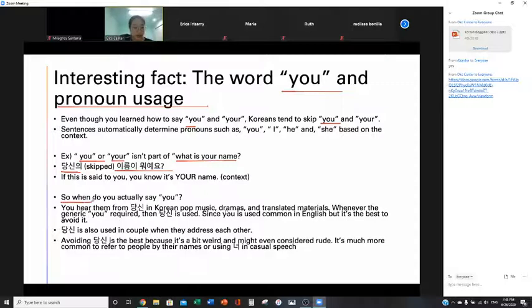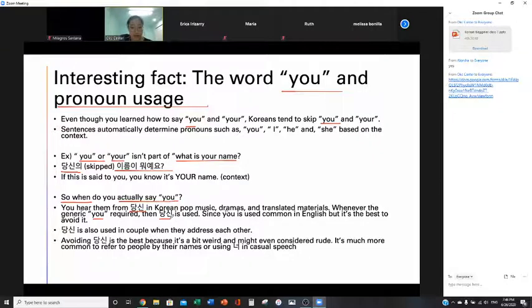You will hear 당신 in Korean pop music, dramas, or translated materials like a book. Whenever you have to use a generic "you," then it's required. Since English uses "you" a lot when speaking and writing, that's why we use it.